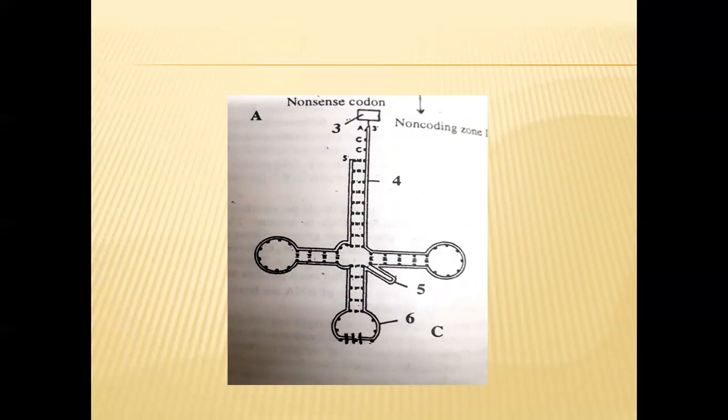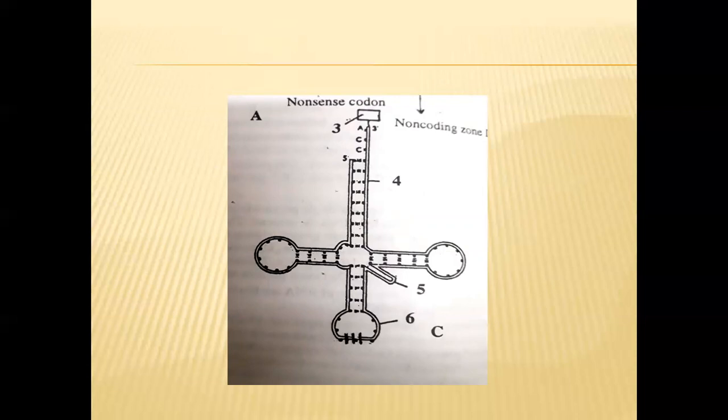The scientist Holley proposed the structure of this tRNA, that is the clover leaf model of tRNA. The clover leaf model shows mainly 3 loops, 1 accessory loop and 1 tail.